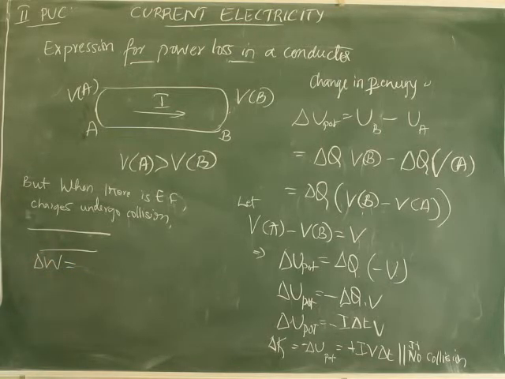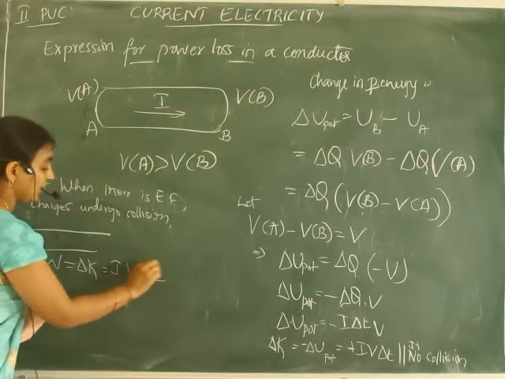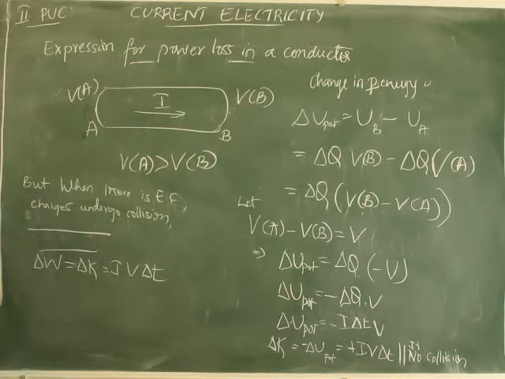Work done is nothing but kinetic energy, so I will write it as IV delta T, where the small work done is IV delta T. Power is nothing but work done per unit time.